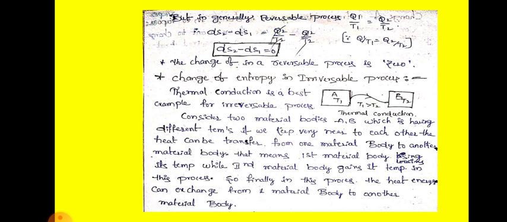Next I will go into the next topic, that is the change of entropy in an irreversible process. Thermal conduction is the best example of an irreversible process. We can see the diagram. Consider two material bodies A and B, which have different temperatures. If we keep them very near to each other, heat can be transferred from one material body to another.